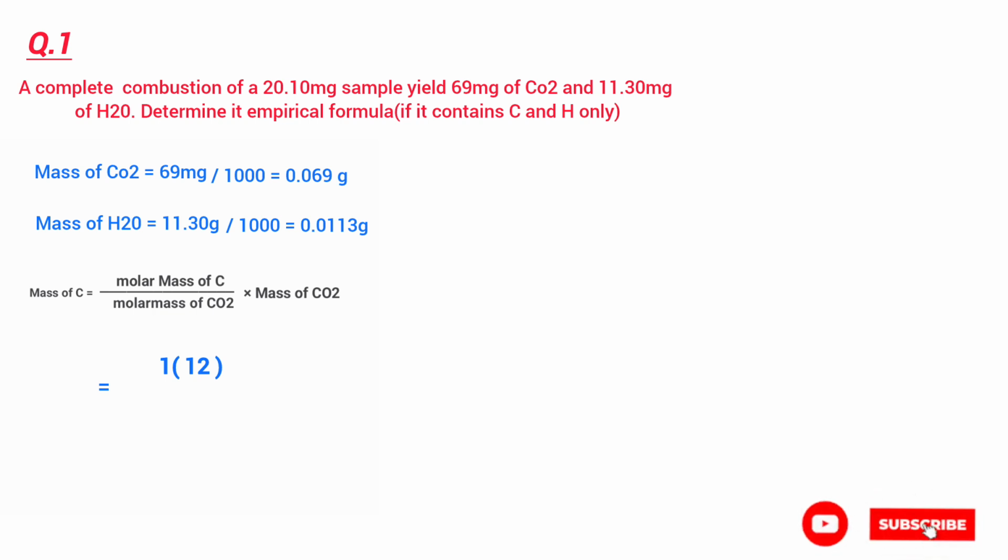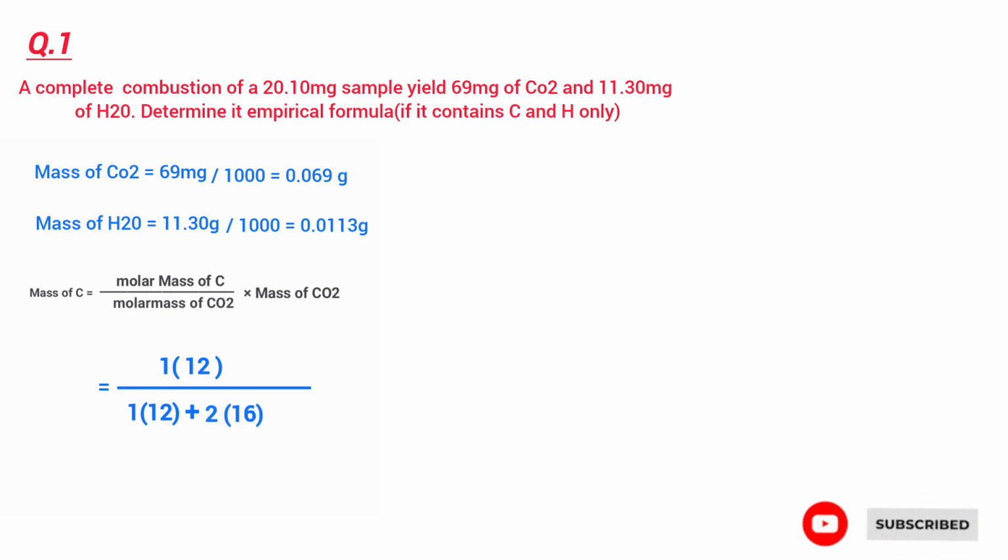For the molar mass of CO2, in CO2 there is one atom of carbon and carbon has an atomic mass of 12. So that is 1 times 12 plus we have two atoms of oxygen in CO2 and oxygen has an atomic mass of 16.